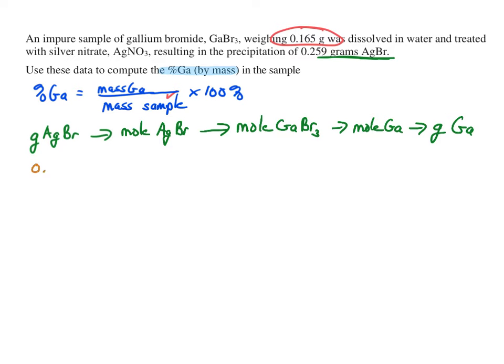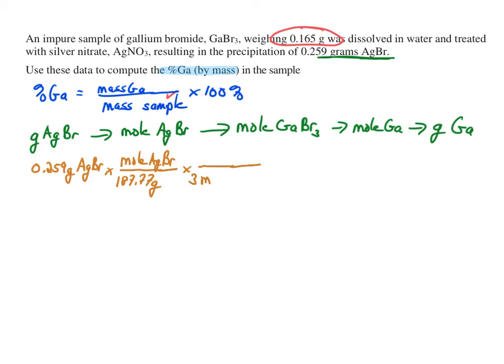So we have 0.259 grams of silver bromide. We can use the formula weight to get to moles. Then we can relate moles of silver bromide to gallium bromide.